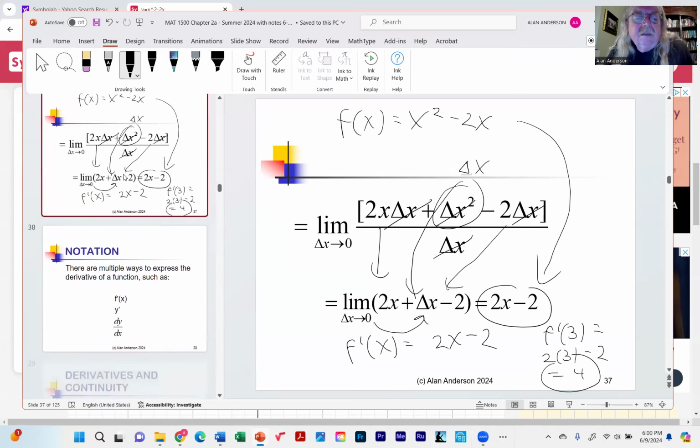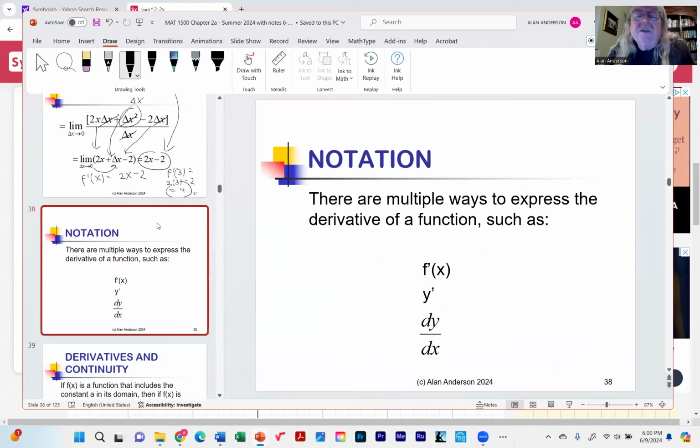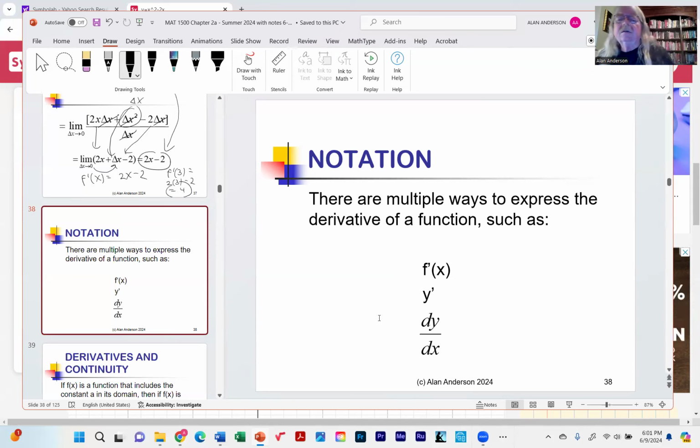By the way, like I mentioned earlier, there are many different ways of expressing a lot of concepts in math, but for the derivative, the most common one, I guess, would be f prime of x. Sometimes it's written as y prime, and sometimes it's written as dy dx. Now, this is basically taken from this notation.